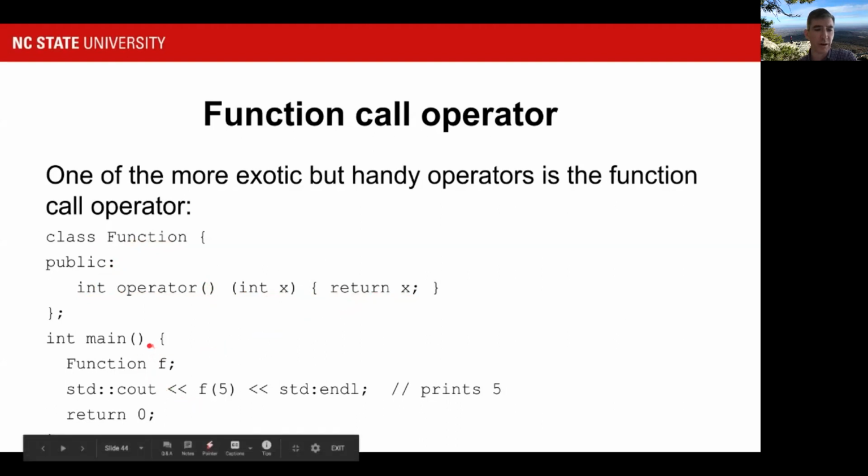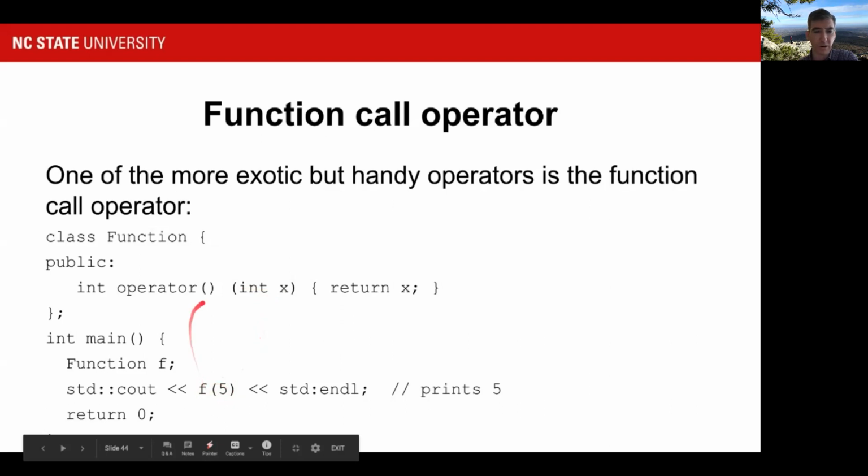Okay, and then down here in my program, I create an object of type function, called f. And then I use this operator on f by just putting parentheses immediately after the object name, and then putting the argument I want to pass to the function inside those parentheses. Okay, and this notation looks like a function call, but it's not.